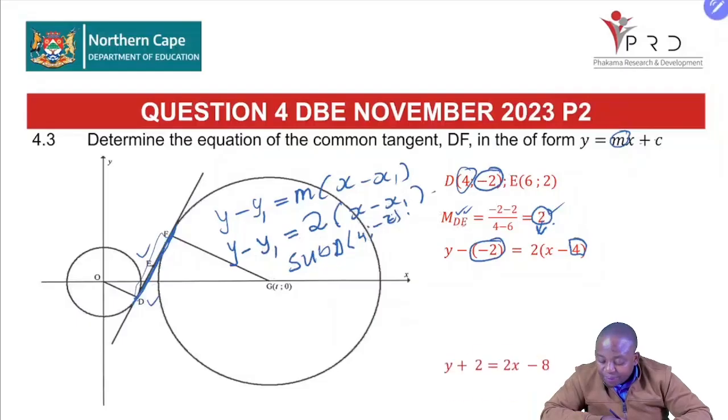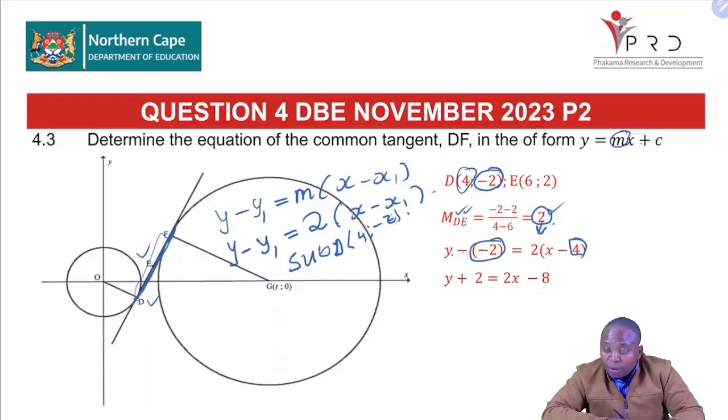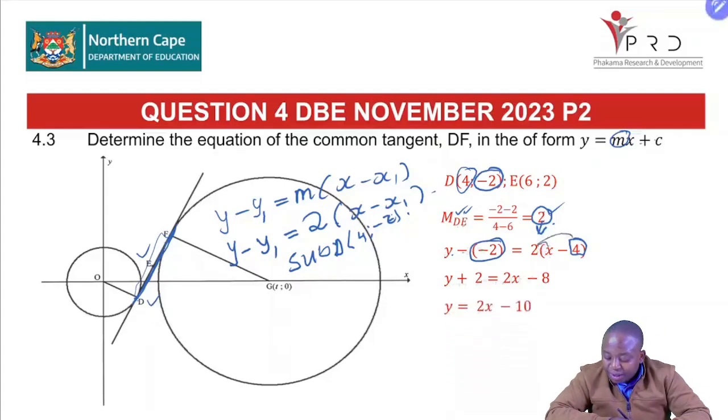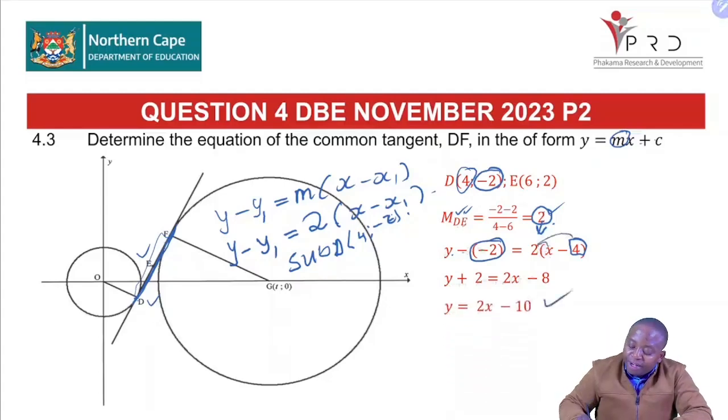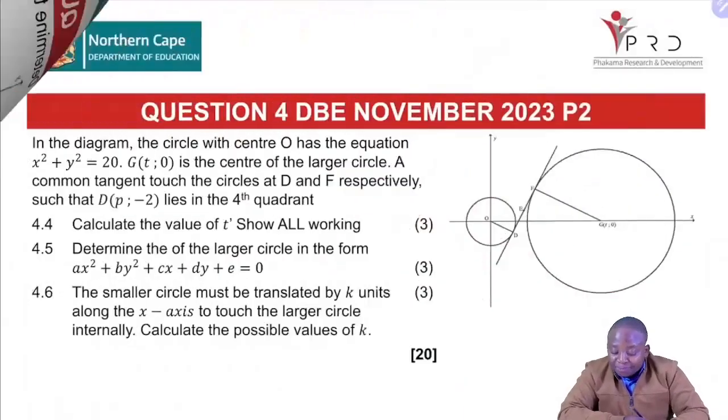Negative and negative will give us a positive. So we have y plus 2 is equal to 2 times x, which is 2x, then 2 times -4 is -8. Then I can simplify, and I have found my y equals 2x minus 10.